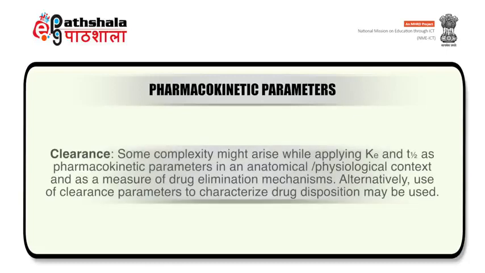Coming to clearance, there may arise some complexity while applying elimination rate constant and half-life as pharmacokinetic parameters in an anatomical physiological context and as a measure of drug elimination mechanism. Alternatively, clearance parameters may be used to characterize drug disposition.